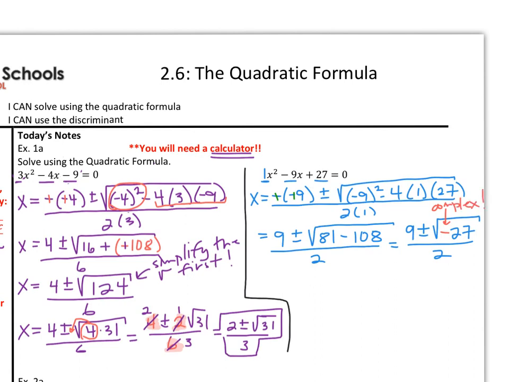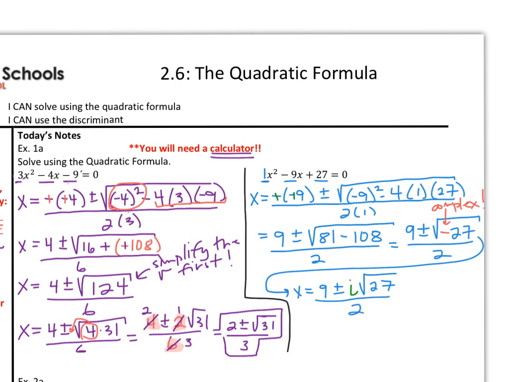That means we're going to have to factor the i and put it to the outside. So we'll come down here, x equals, keep the 9 and then the plus or minus, but now put the i on the outside, and then we'll have 27 on the inside, all over 2.